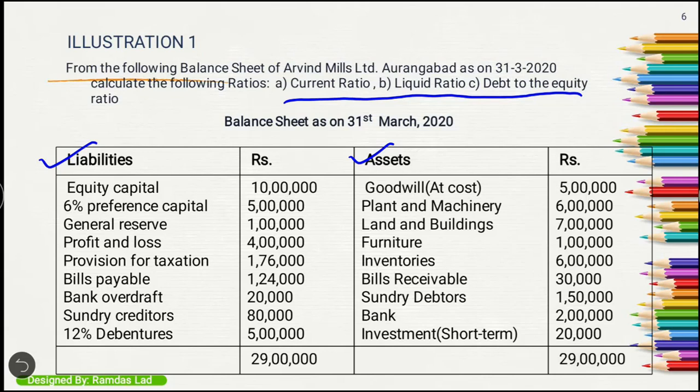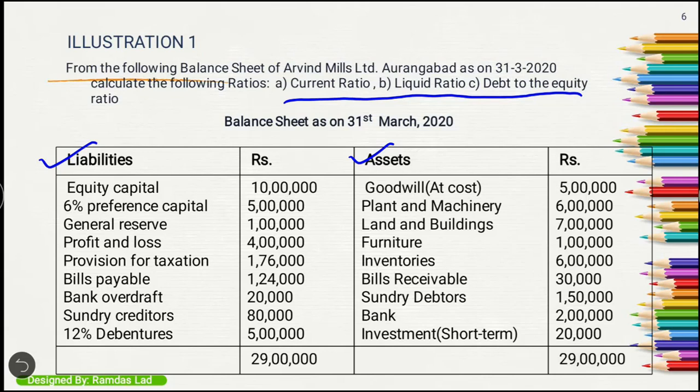First, A is the current ratio. How to calculate current ratio? The formula is current assets divided by current liabilities. Please identify the current assets from the given asset side. Current assets means assets held for a short term period.